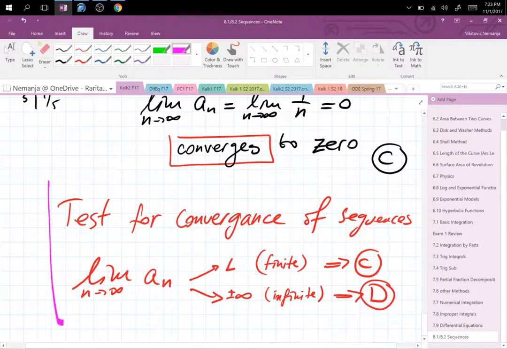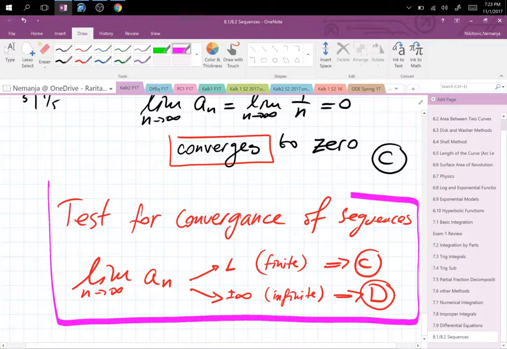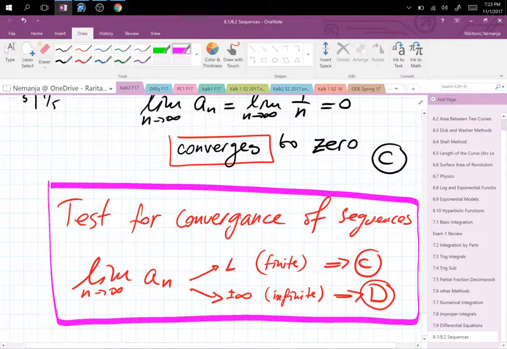That's your first one, guys. 10 to go. But it's the only one for sequences. Sequences have only one test, and series have 10. So that's it. If you are testing a sequence for convergence or divergence, all you need to do is to take the limit of that sequence as n goes to infinity.